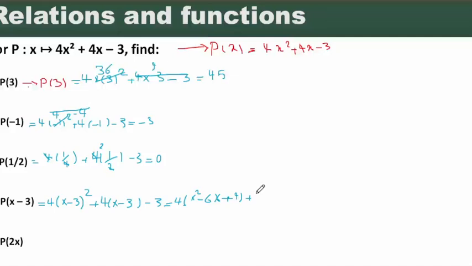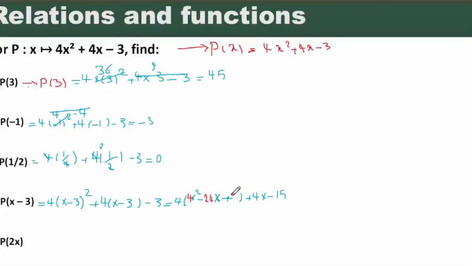I will have 4x minus 12, and then minus 3 gives me minus 15. Let me distribute this 4 inside this parenthesis, so it gives me 4x squared, and 4 times negative 6 gives me negative 24, and 4 times 9 gives me 36.